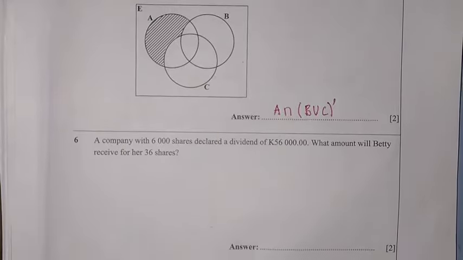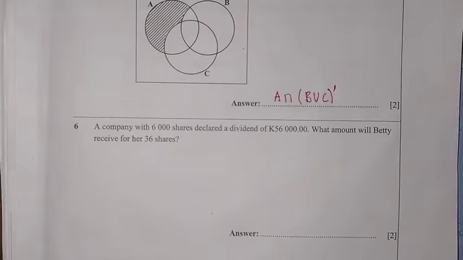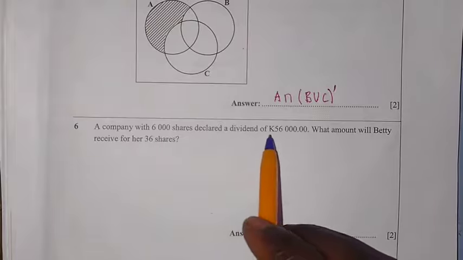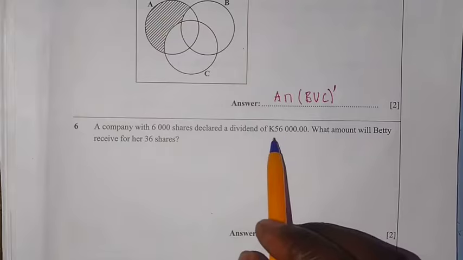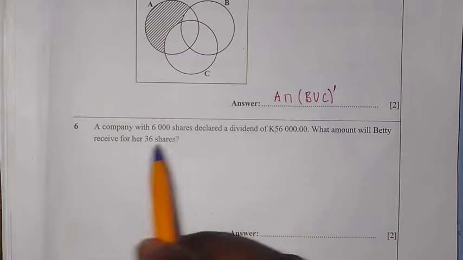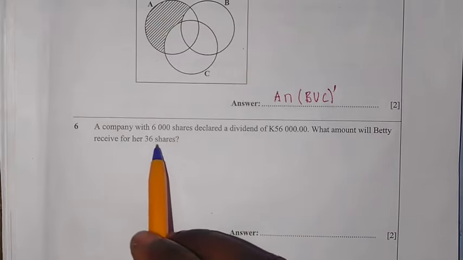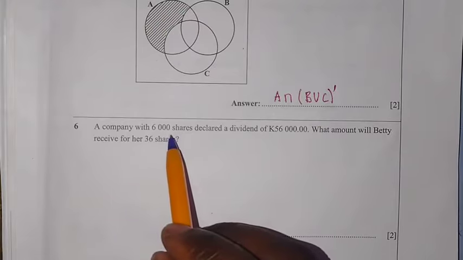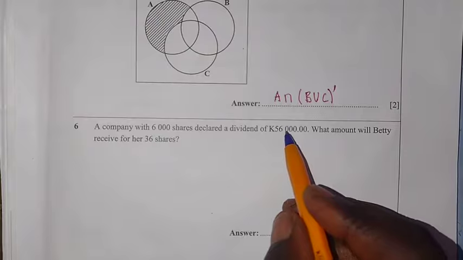So let us now look at question 6. Question 6 reads, a company with 6,000 shares declared a dividend of 56,000 kwacha. What amount will Betty receive for her 36 shares? So this company has 6,000 shares and they declared a dividend of 56,000 kwacha.